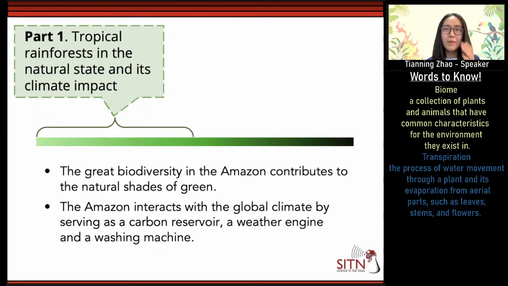Actually, we will talk about what is going to happen to the entire world when we don't have this Amazon rainforest. Mainly what would differ is the rainfall, because it supplies this massive amount of water vapor, and at this moment the most direct effect is found in South America.